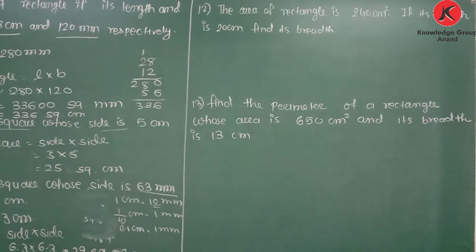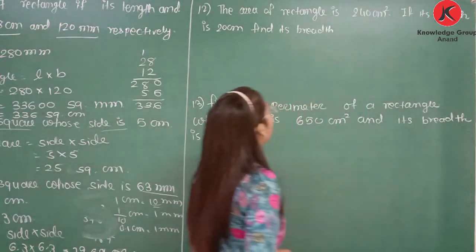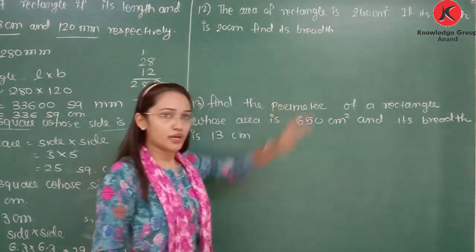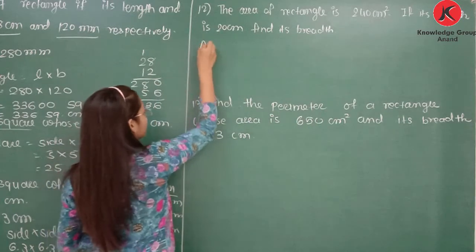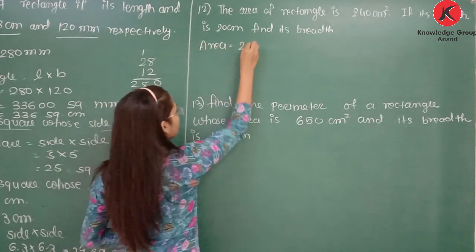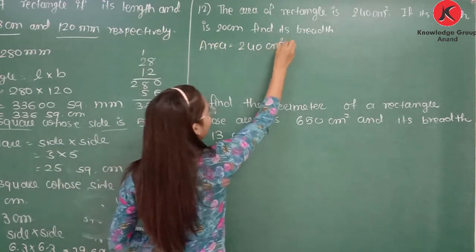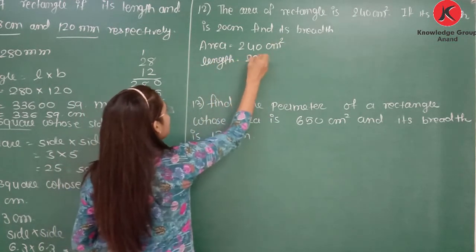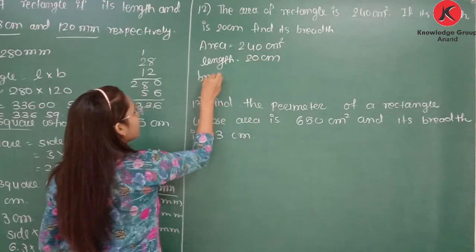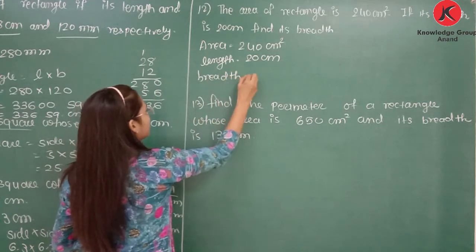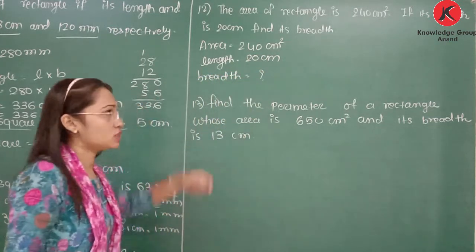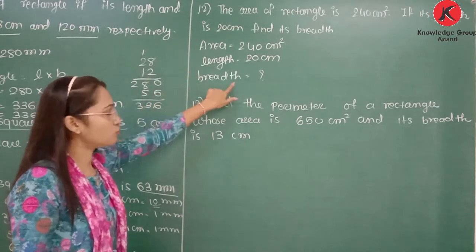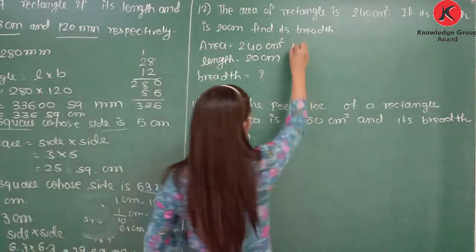Area of a rectangle is 240 centimeters square. If its length is 20 centimeters, find its breadth. So area is given 240 centimeters square. Length is given 20 centimeters, and we need to find breadth. So write the information whatever given in the question and what we need to find. So area, we need to write equation.